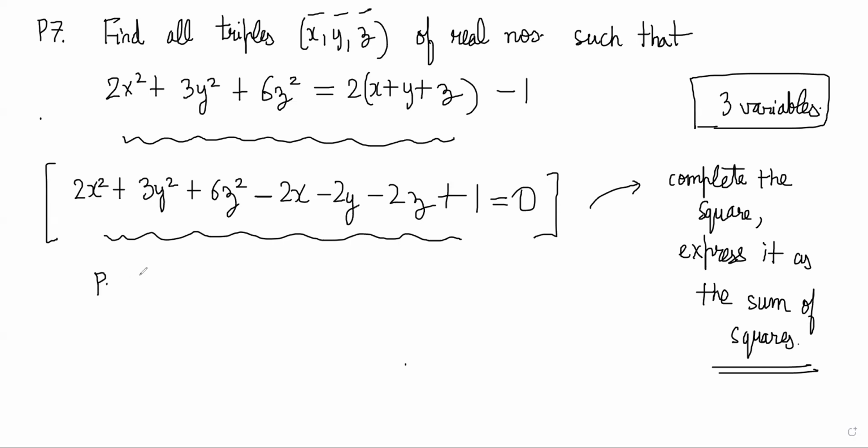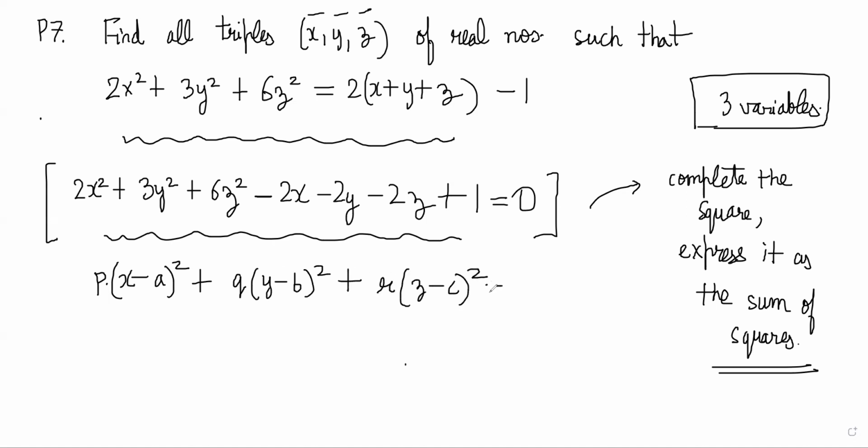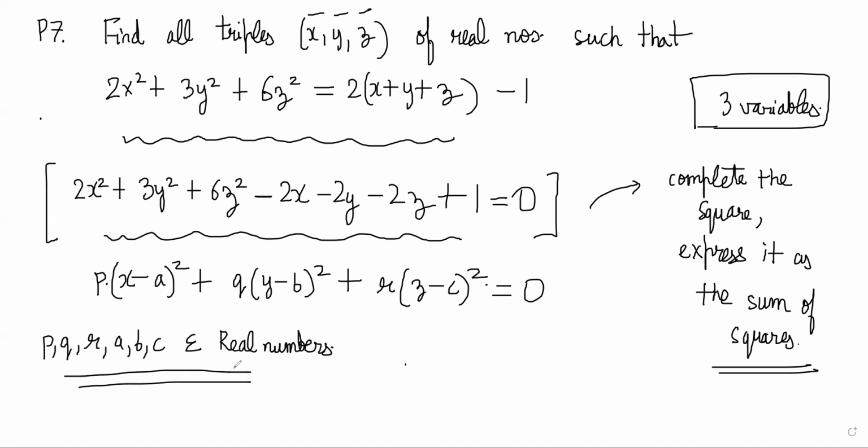For example, I can do something like this. p times (x minus a) whole square plus q times (y minus b) whole square plus r times (z minus c) whole square is equal to 0. And here we are saying that p, q, r, a, b, c belong to the reals. So what I am saying is that the above expression and the below expression are both equivalent, right?